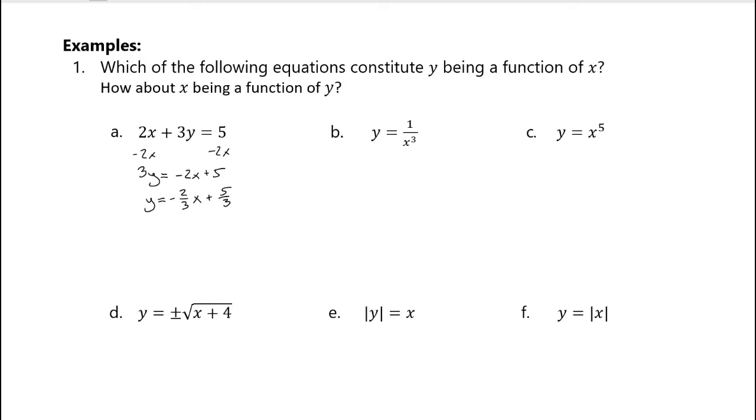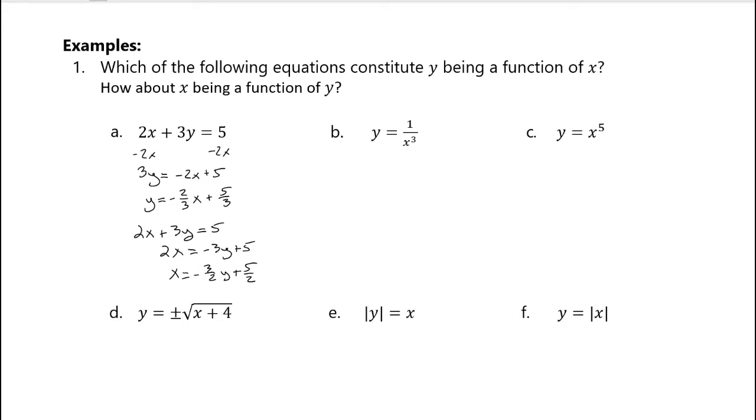And moreover, with this, we could have solved for x. Let's take it from the top again. If I subtract the 3y, I'll get 2x equals negative 3y plus 5. Divide by 2 and I'll get x equals negative 3/2 y plus 5/2.